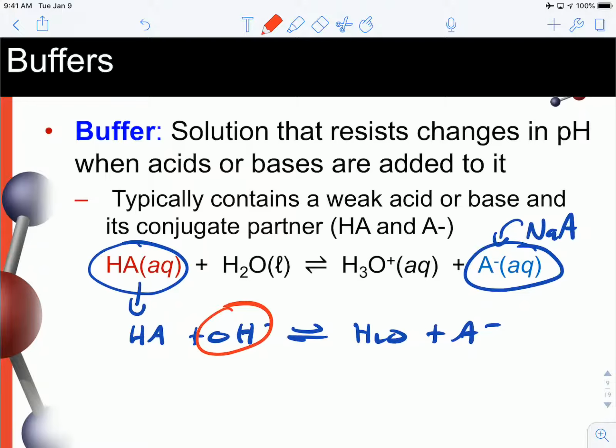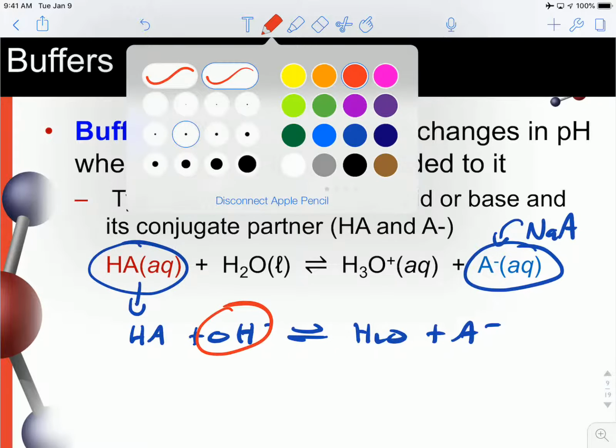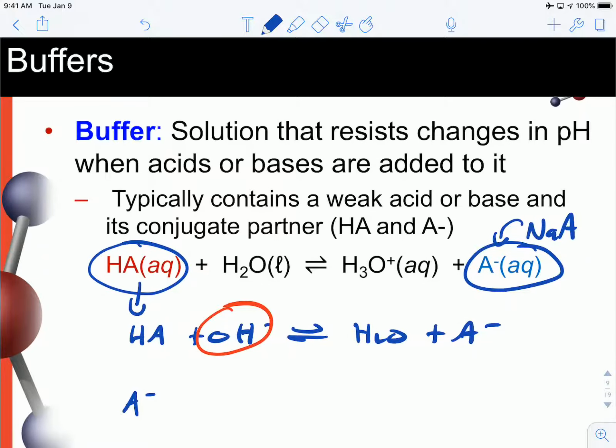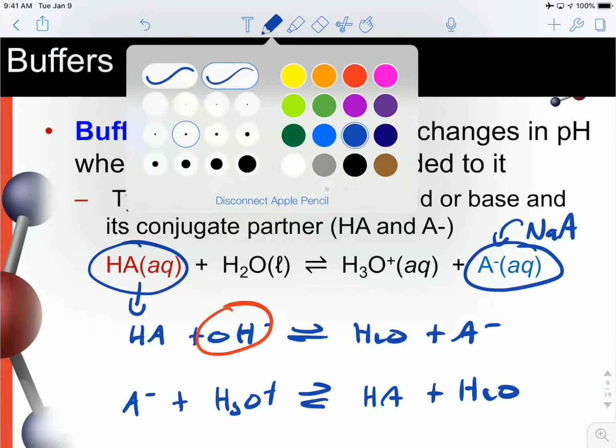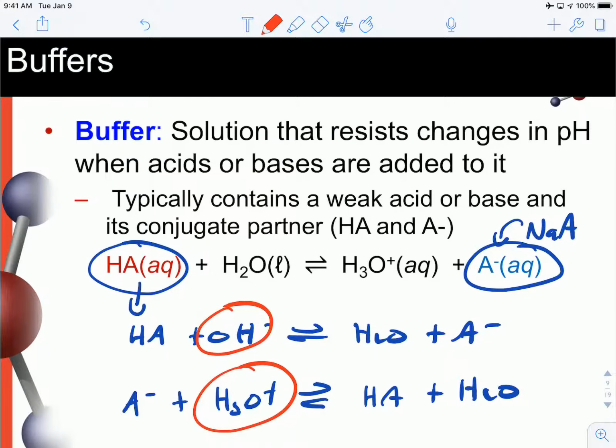Remember, HA is just generic. The A negative can react with any added acid to give me HA plus H2O. So we have the ability to neutralize both acid and base. That is an ideal buffer.